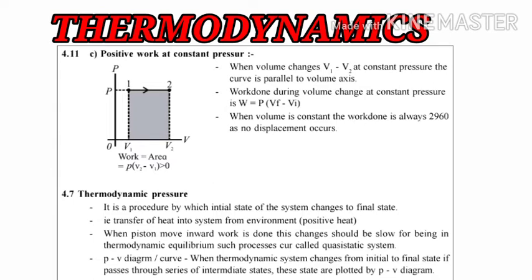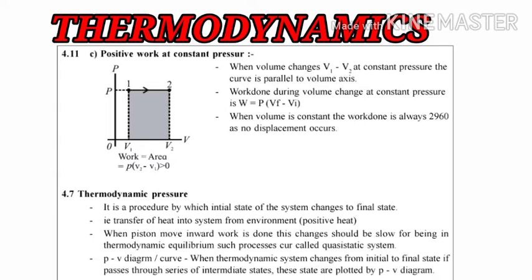Thus we can say as the process goes from 1 to 2, the volume remains constant, but the pressure goes on increasing. Thus when the volume changes from V1 to V2 at constant pressure, the curve is not curvy but parallel to the volume axis, that is, parallel to the x-axis.